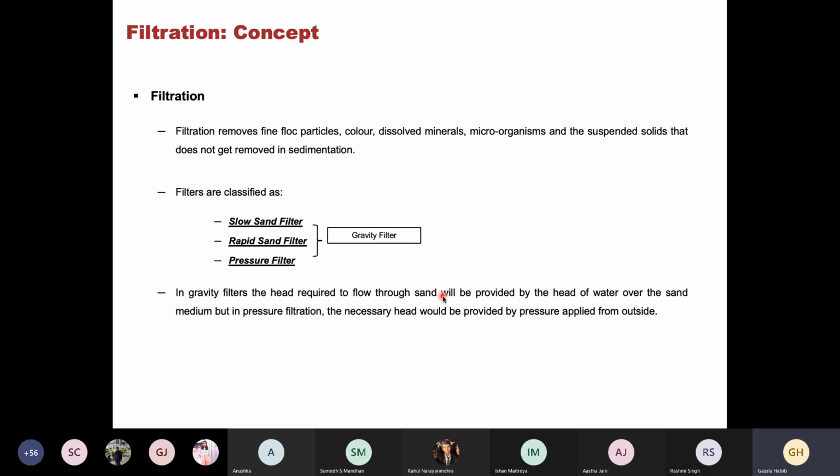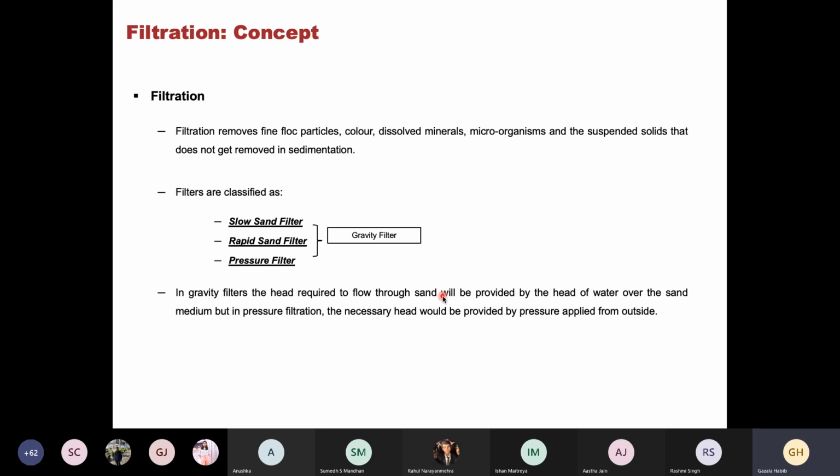As its name suggests, filtration means we are filtering the water through some medium, so clear water will come out and impurities will remain in that medium.